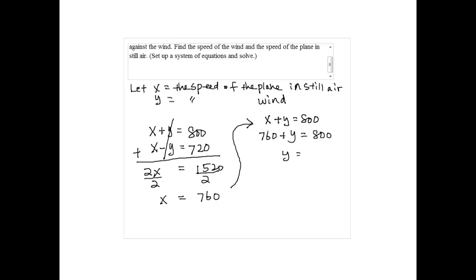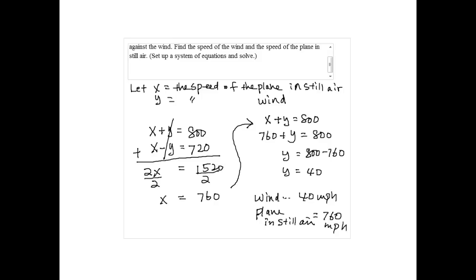So y is 800 minus 760, which is 40. So the answer is the speed of the wind is 40 miles per hour, and the speed of the plane in still air is 760 miles per hour.